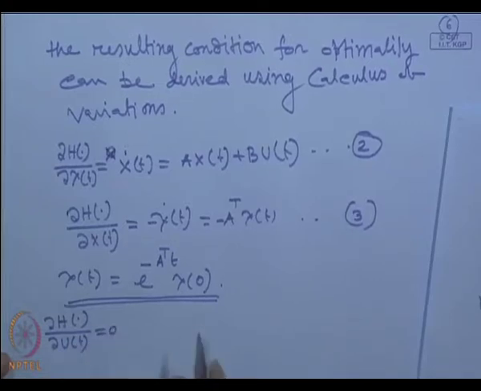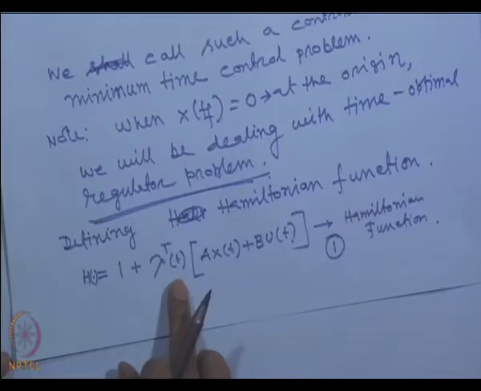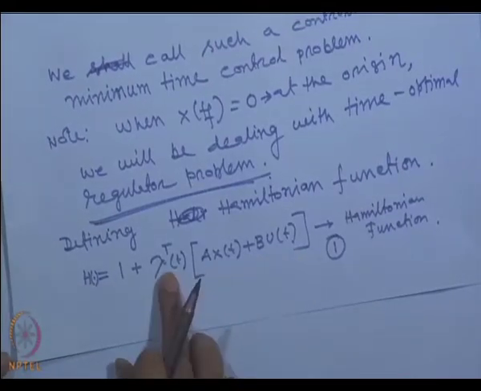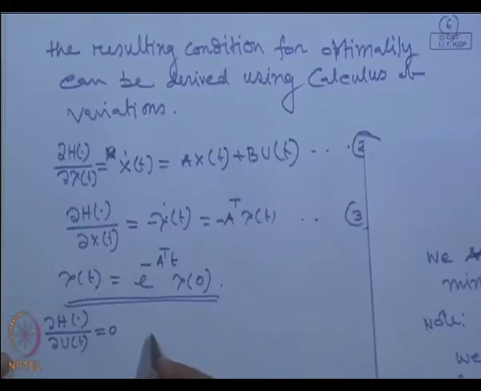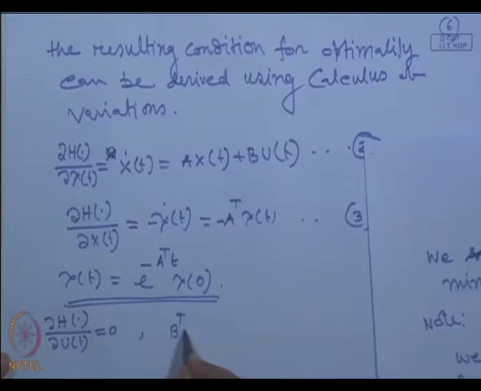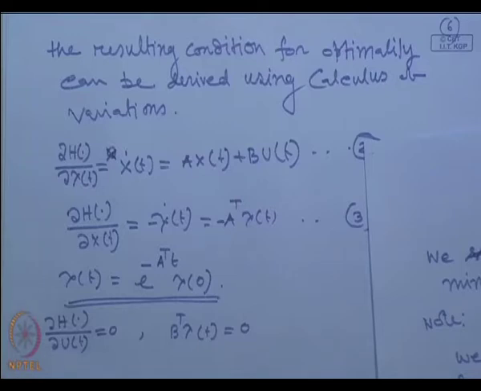From this, del H del u is nothing but B transpose lambda. So B transpose lambda is equal to 0.